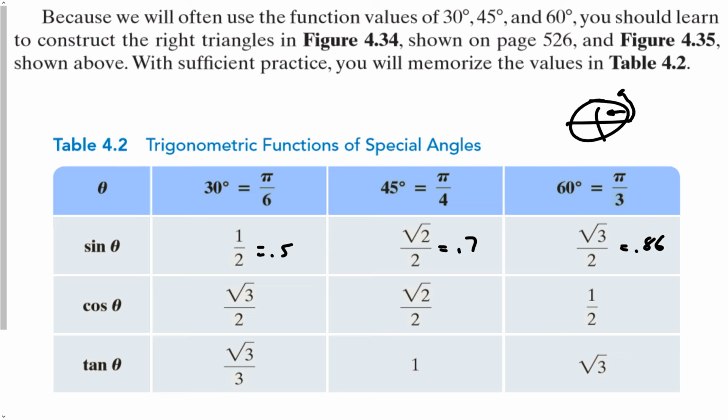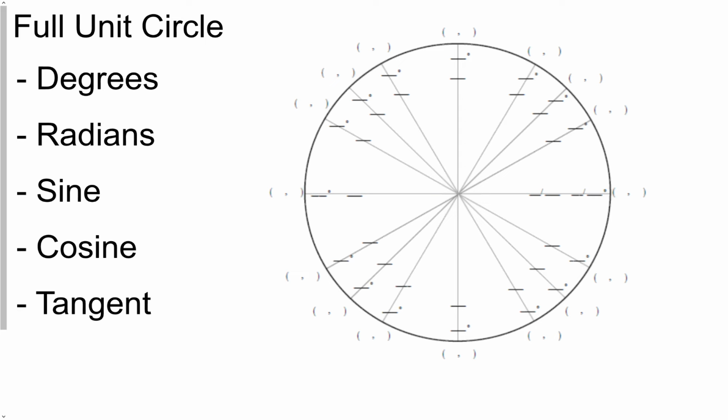But now, something really special can happen. We now know every single thing about this circle. We can fill in all the different degree angles, radian angles, sines, cosines, and tangents for all of these different functions.